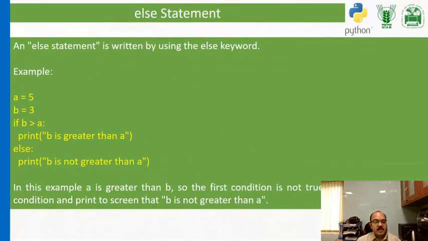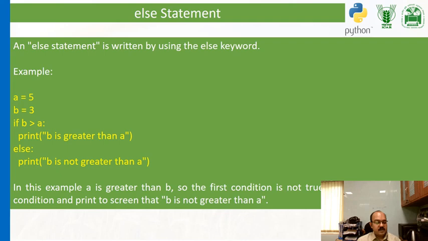Next we see the else statement. The else statement is written by using the else keyword. For example, say a is equal to 5, b is equal to 3. If b greater than a, we print b is greater than a, else print b is not greater than a. Now in this example, a is greater than b.